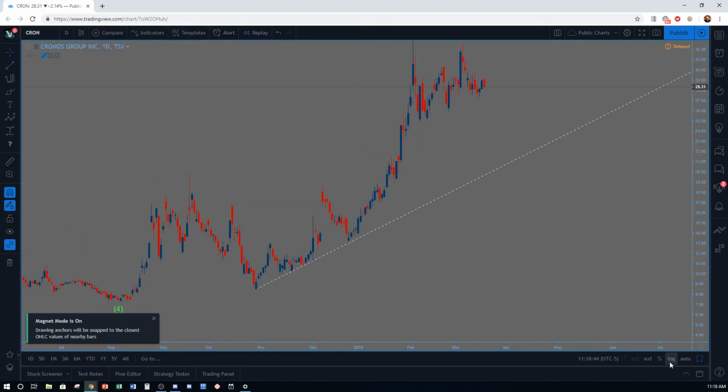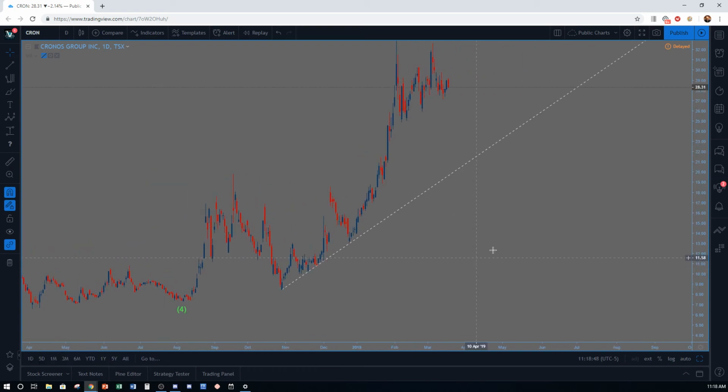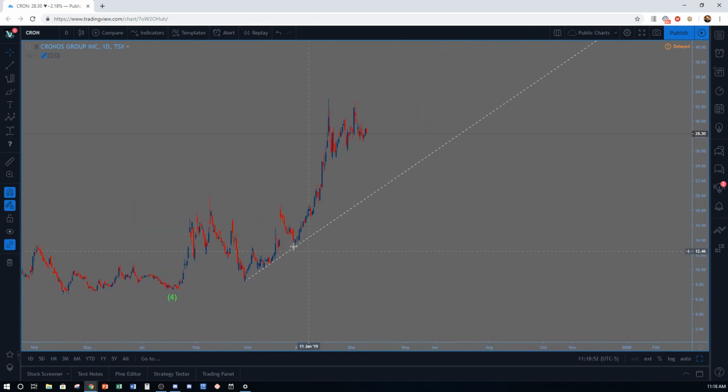That way when I flip to log, or off of log, we still have the same uptrend. So this is the local uptrend, and we seem to be in some sort of A, B, C here. When this pattern completes, I believe we continue up.